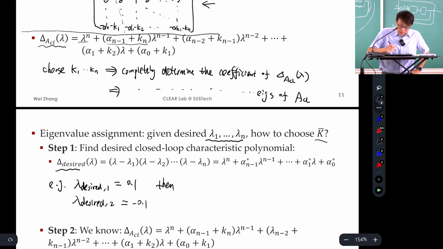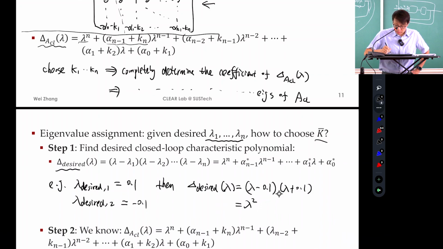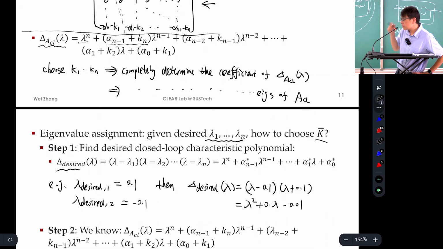Then I can directly write down the closed loop characteristic polynomial, because the desired characteristic polynomial would be lambda minus 0.1, lambda minus negative 0.1, which is plus 0.1, right? So overall, I have lambda squared, this is 0 times lambda, minus this.